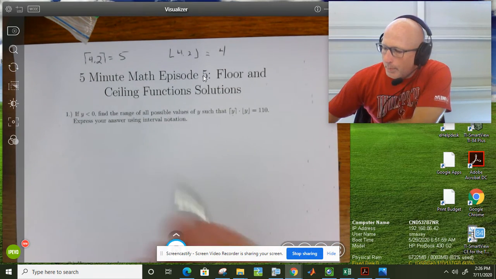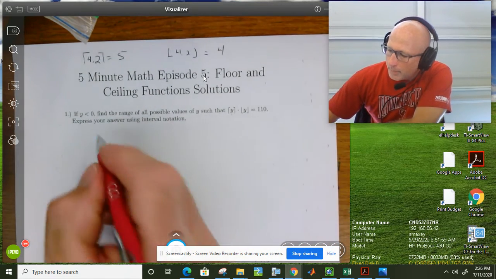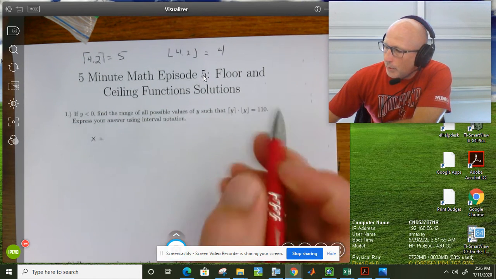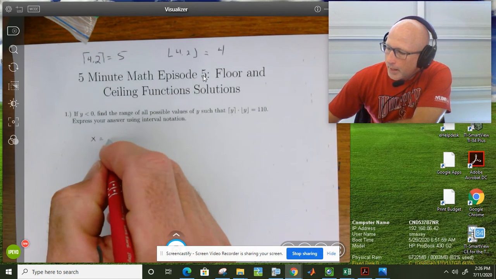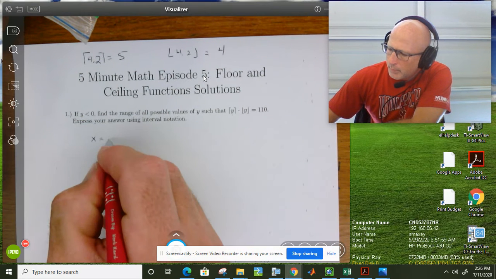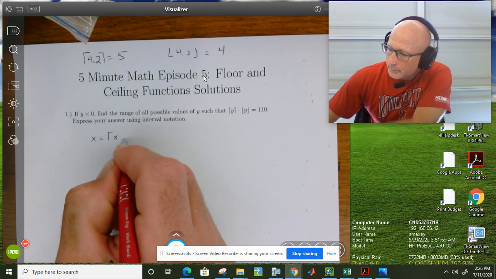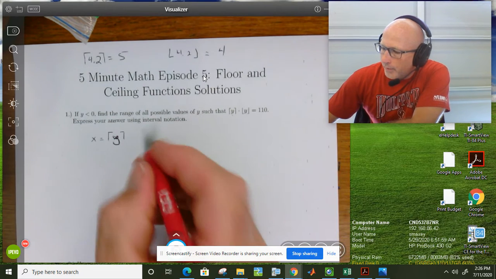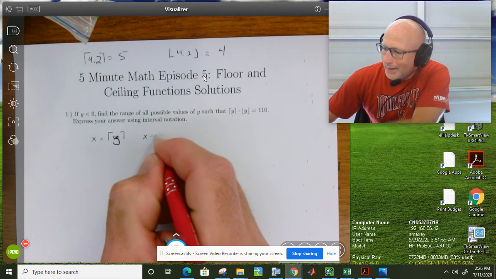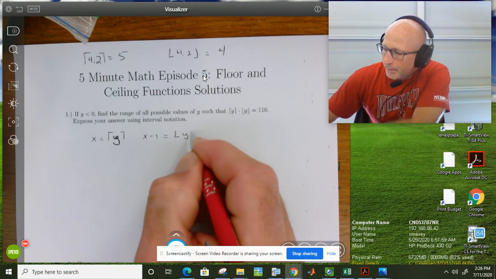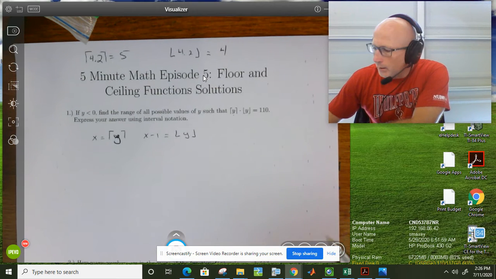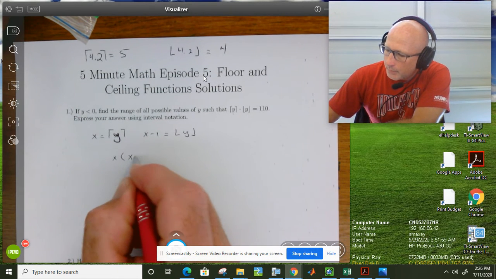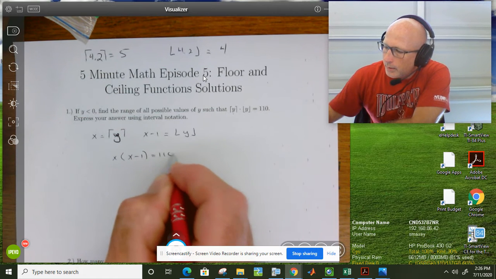So I'm going to let x be the ceiling function of y. Therefore, the floor function of y would have to be 1 less than that.